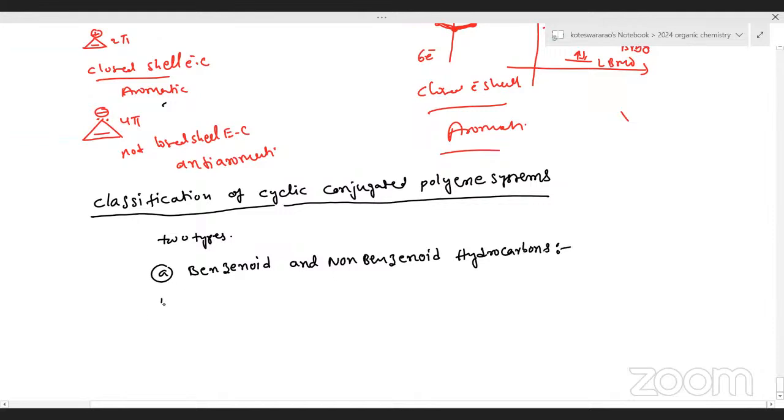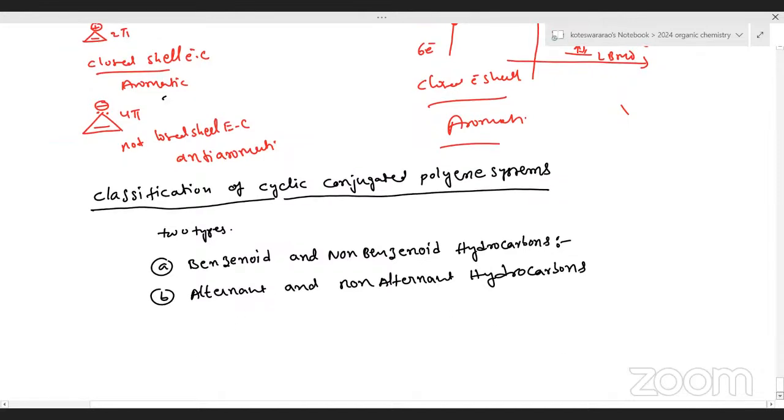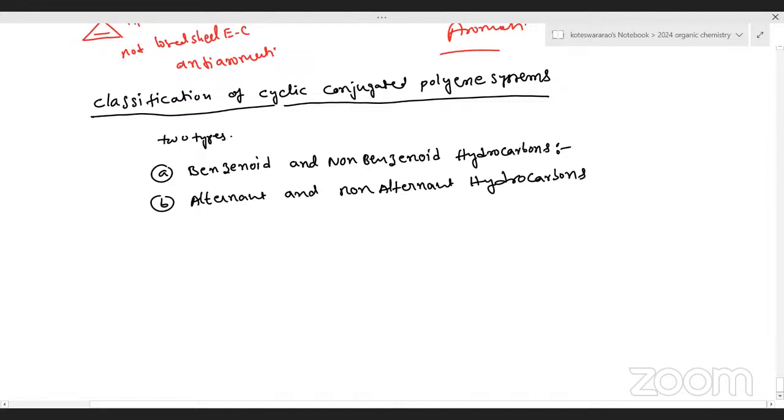And the second one is alternate and non-alternate hydrocarbons. First, we come to the first one, benzenoids and non-benzenoids.